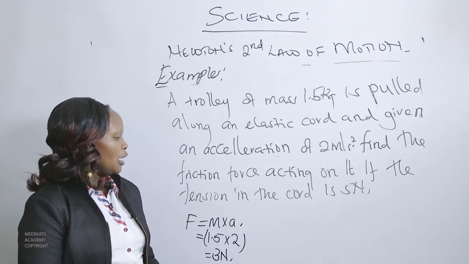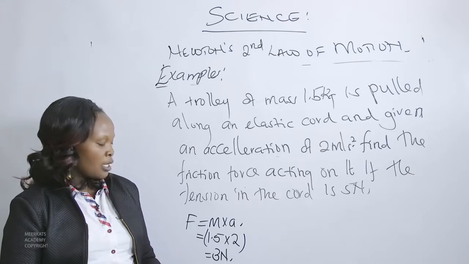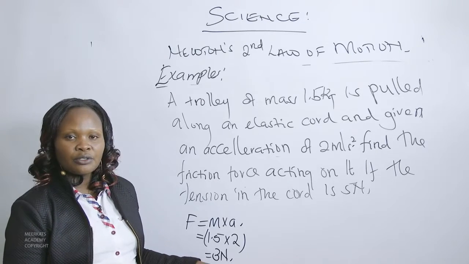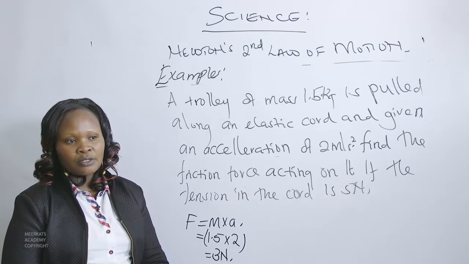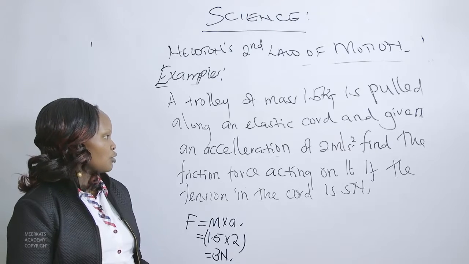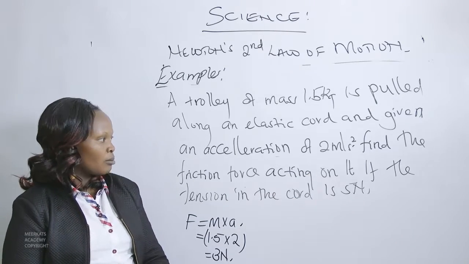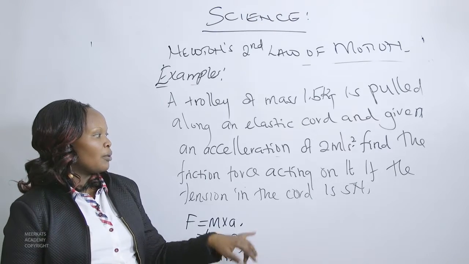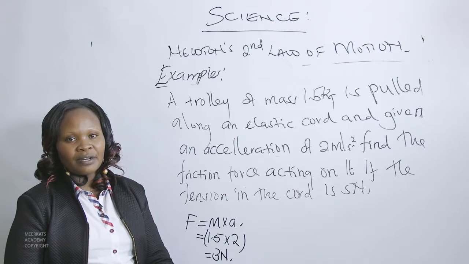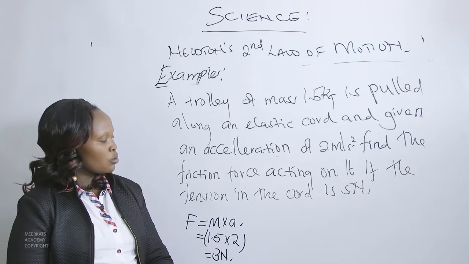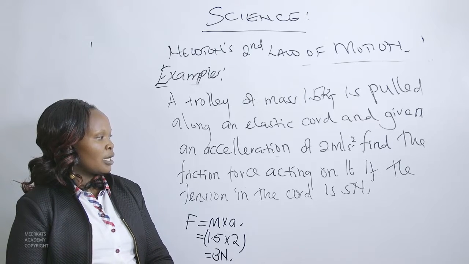So, if the surface was frictionless, then the force of 3 newtons is what we would have required for us to come up with an acceleration of 2 meters per second squared. But again, our rope extends by 5 newtons. So where does the excessive force come from?